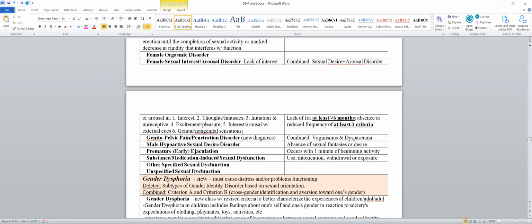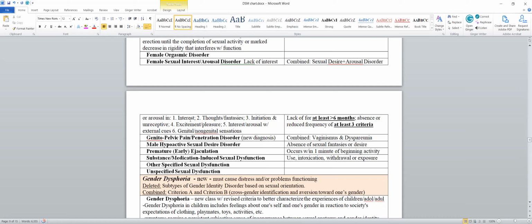And that was female sexual interest arousal disorder. There's a lack of interest or arousal in these areas that I just listed off. So the lack of interest for at least 6 months, absence or reduced frequency of at least 3 of the criteria.